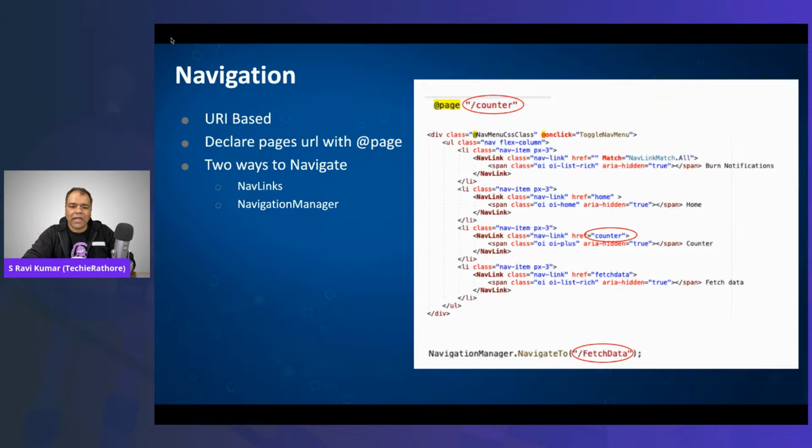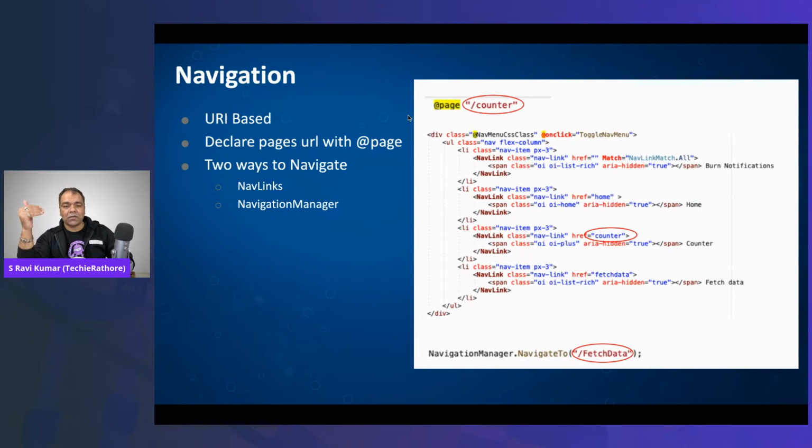Once you add the page identifier, like page and then /counter, it becomes a URI. You can see in the href that we have href equal to counter. So we can call this page using counter.